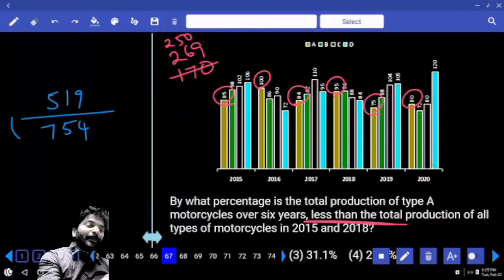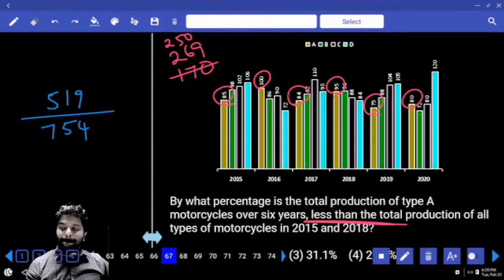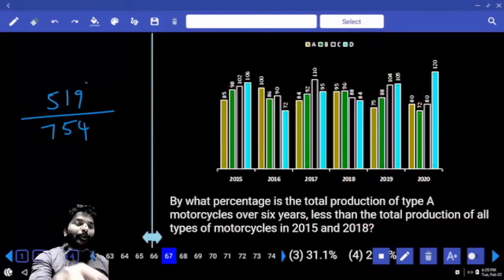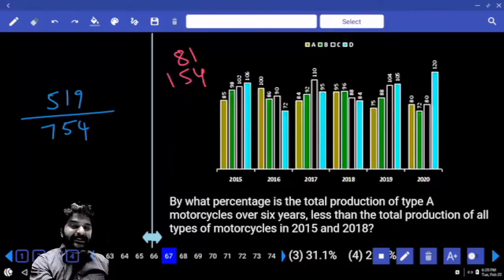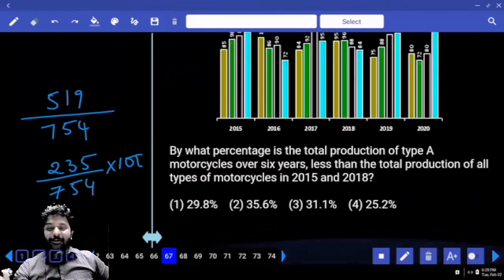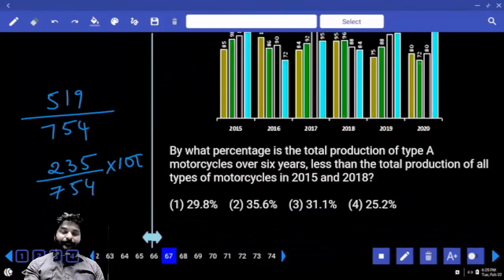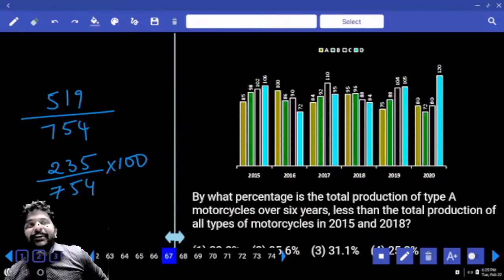Less. So the numerator is how much less than the denominator? That's what we have to calculate. The numerator is how much less than 600? 81. The denominator is how much more than 600? 154. That means the difference is equal to 235, with respect to 754, percentage into 100. Look at your options, right? What is 10% of the denominator? 75.4.